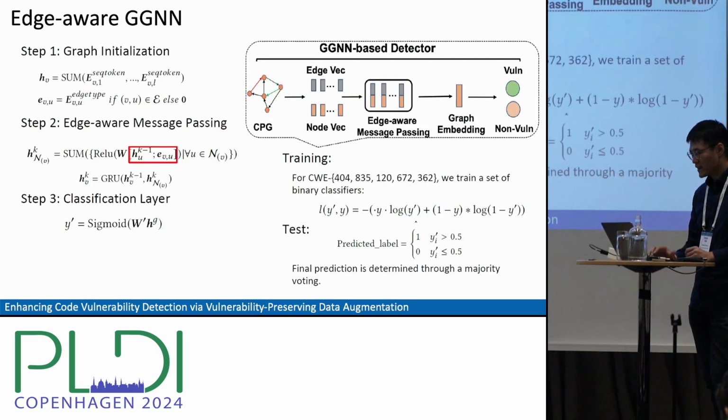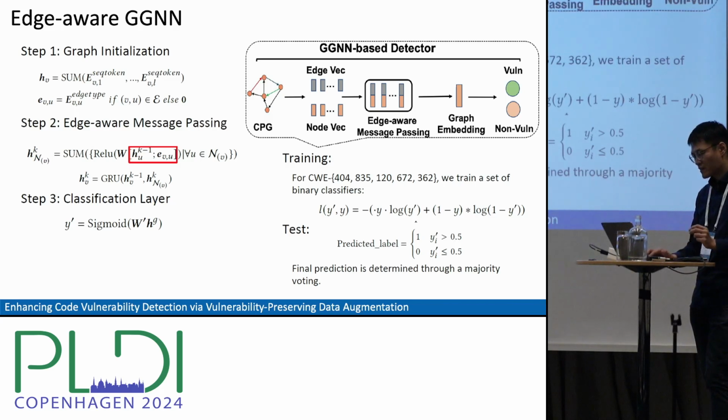Based on the mutation, we further proposed an edge-aware GGNN for training the model. This method incorporates the edge type information for the GNN, which could further enrich the capability of the detector. We use the edge type to encode the edge information and then combine both the node embedding and the edge type embedding for the message passing during the learning phase.